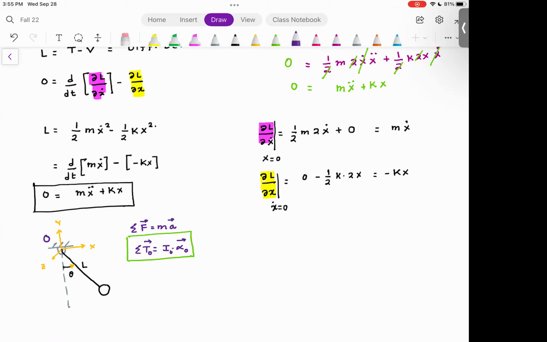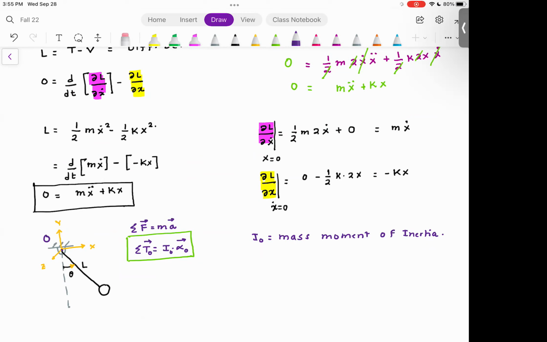Gyrating means moving. So basically, I naught is nothing but the mass moment of inertia. And this mass moment of inertia has the word moment, so it is dependent on where you take it.